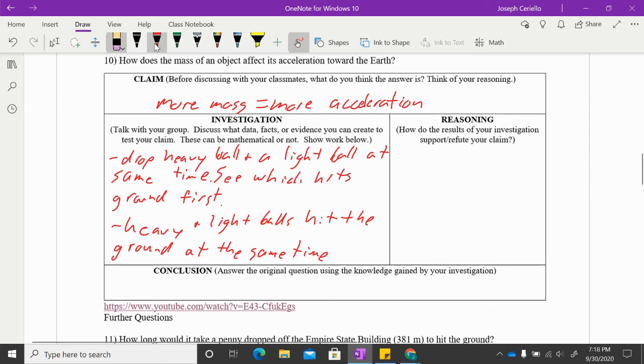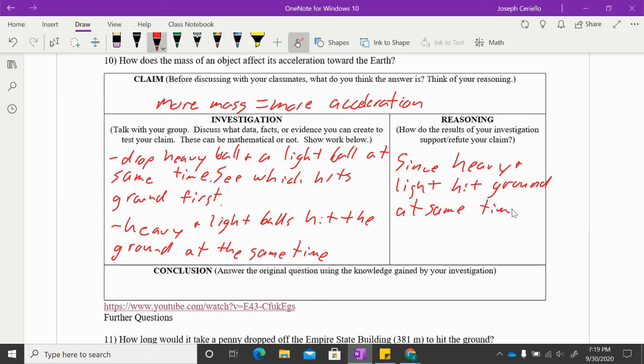So we'll say, since heavy and light hit ground at same time, mass does not affect acceleration. If it did, if the more massive one accelerated faster, it would hit the ground first, but it did not.